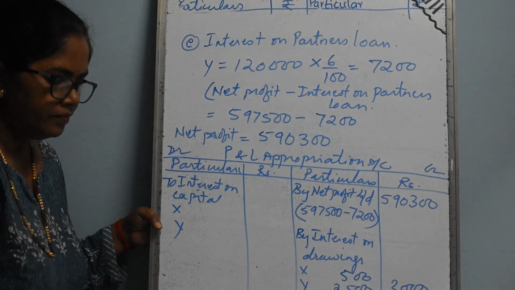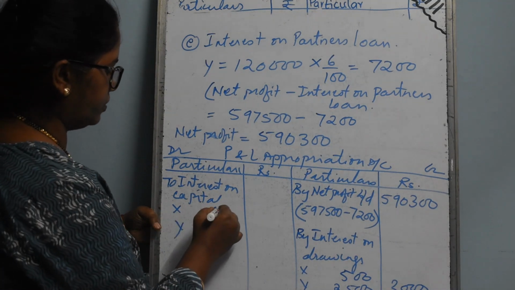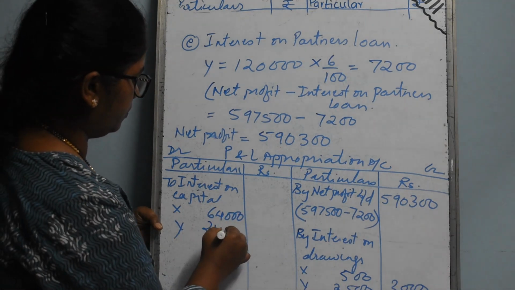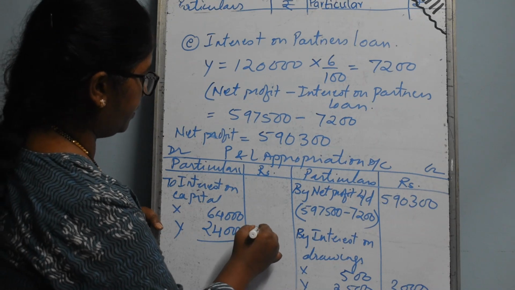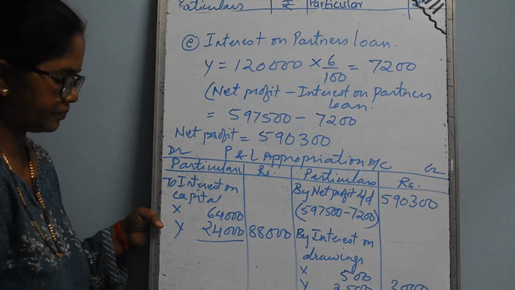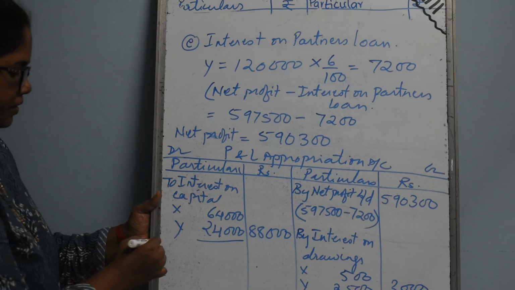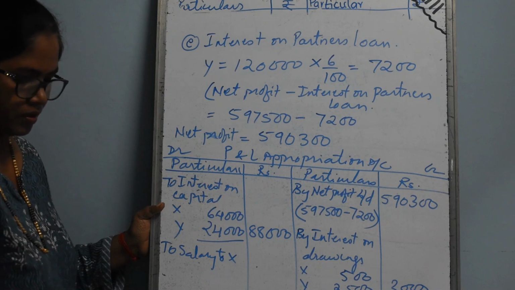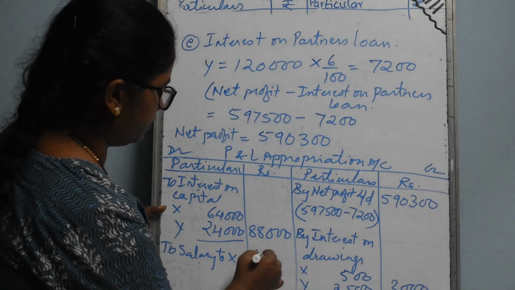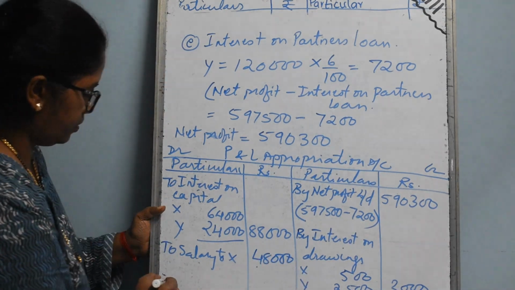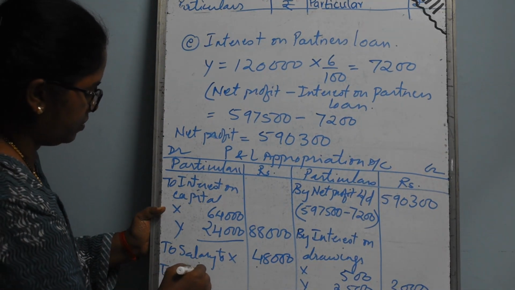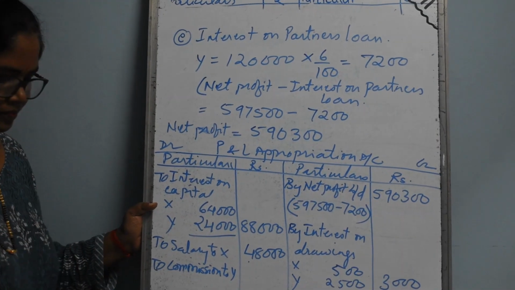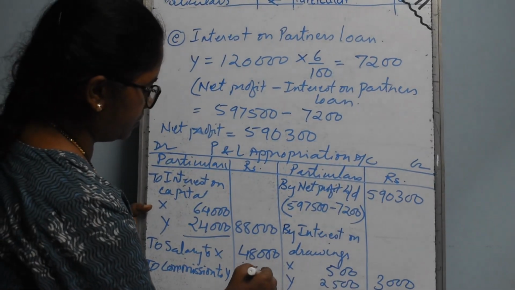X we have to take 64,000 and Y we have to take 24,000. Total comes to 88,000. Next we are going to write salary to X. It comes to 48,000. Then commission to Y, it comes to 16,000.